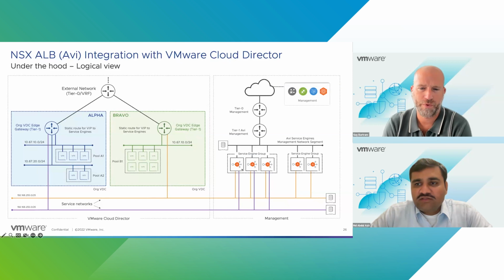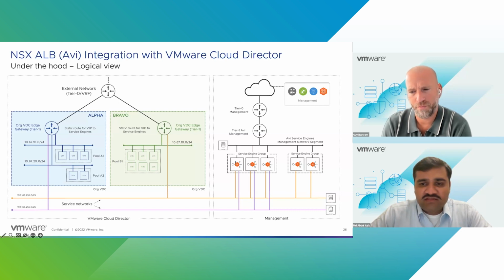So this is a quick overview where all your management infrastructure with respect to VCD, vCenter, NSX Manager, as well as the ALB controller sit in the management domain. The service engine group takes the management network path to communicate with them, whereas it provides the data path load balancing functionality for the respective tenants.